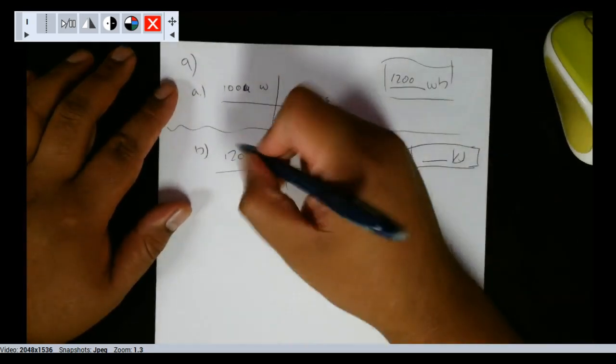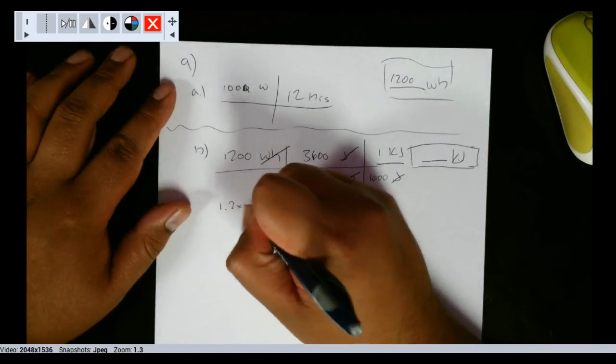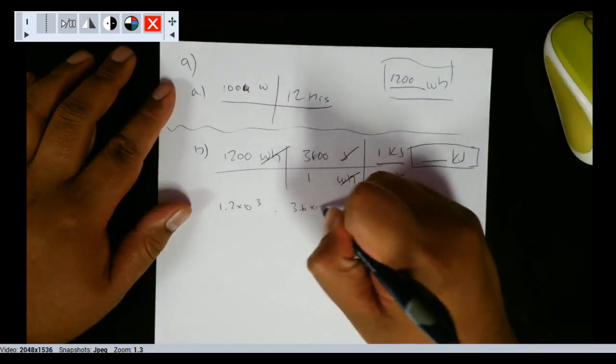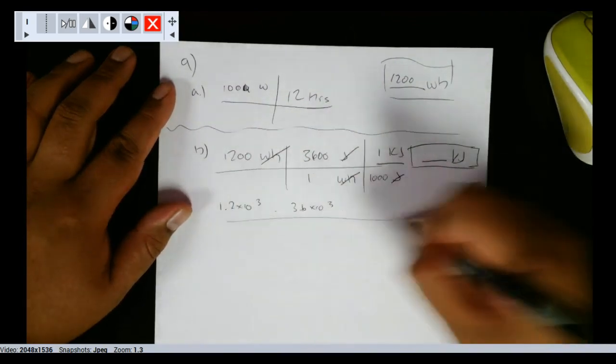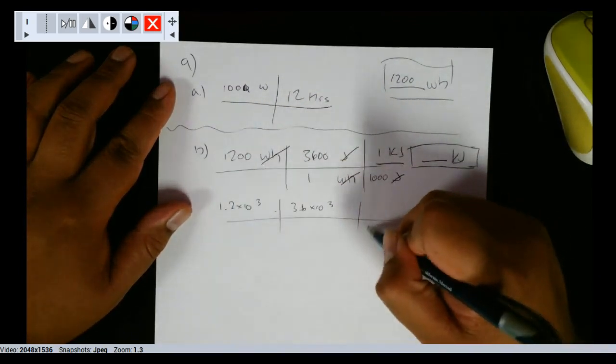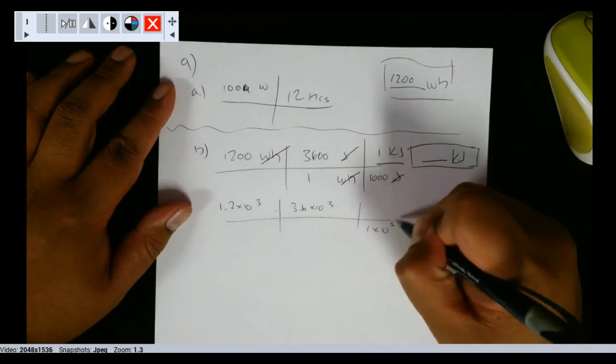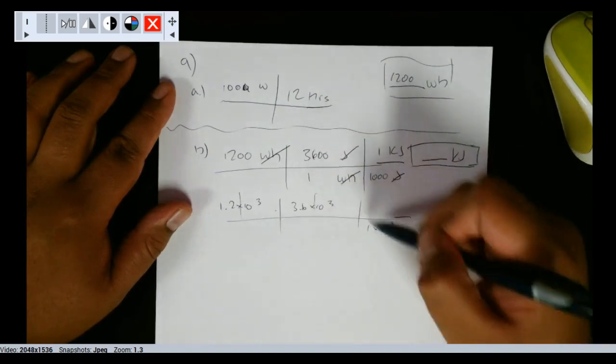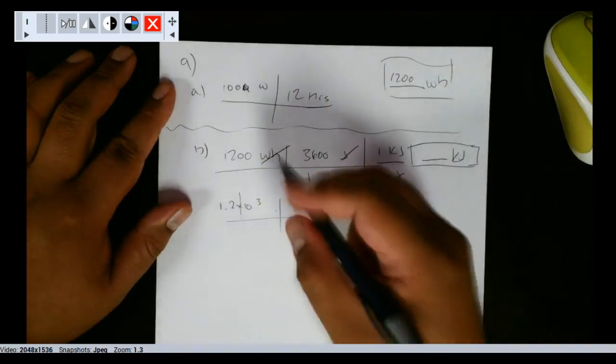So again, I can do the scientific notation. So 1.2 times 10 to the third times 3.6 times 10 to the third divided by 1 times 10 to the third. Okay, so this is addition, subtraction. So again, I'm going to do this in 3 parts.